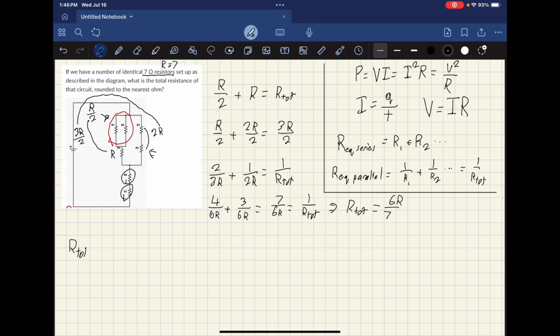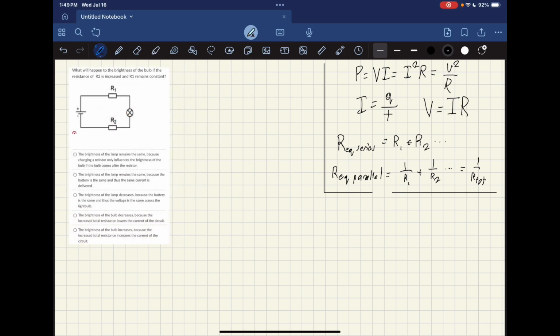We get our total R for the whole system equals 6 times 7 divided by 7. So that's 6 plus R6 has a value of just 7 plus R7, which has a value of 7. And then this just equals 20 ohms.